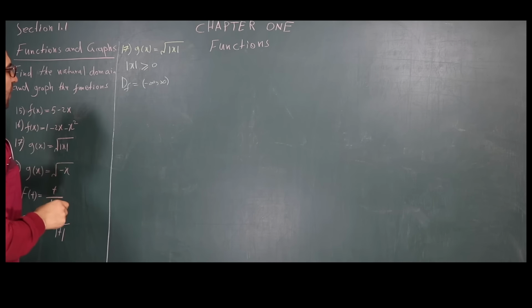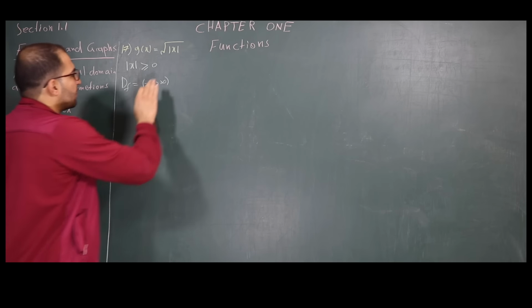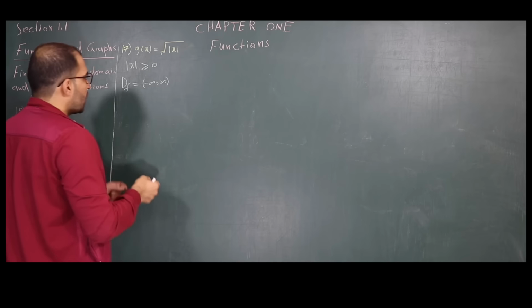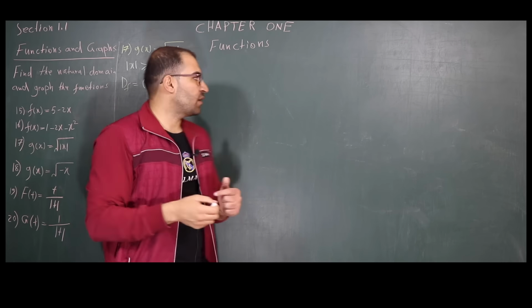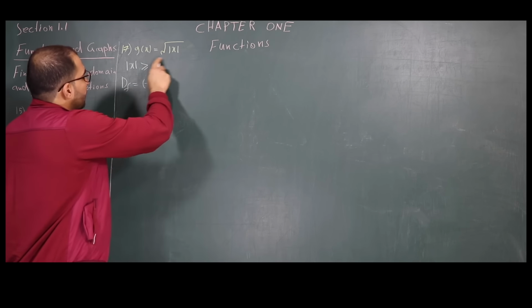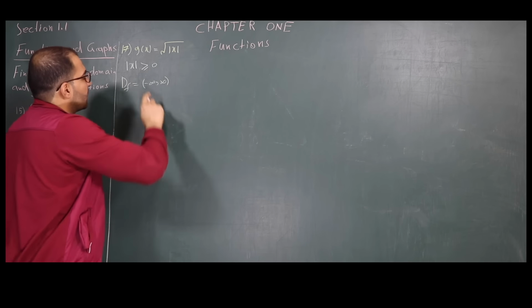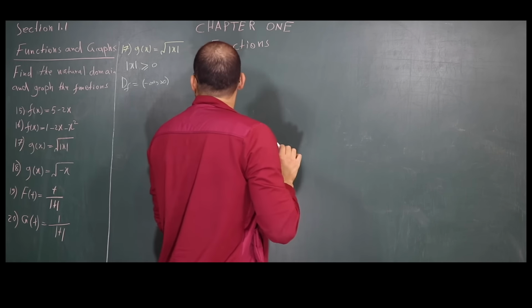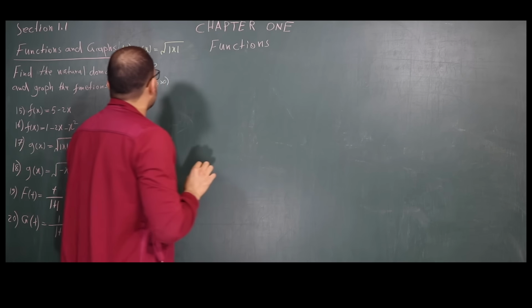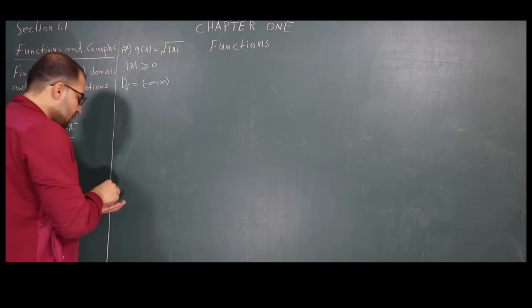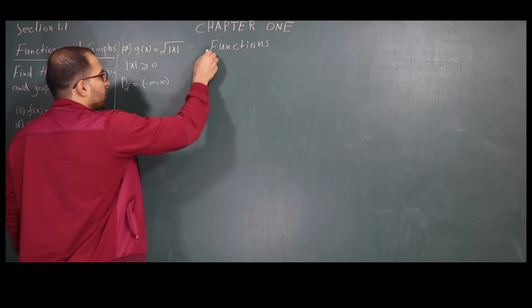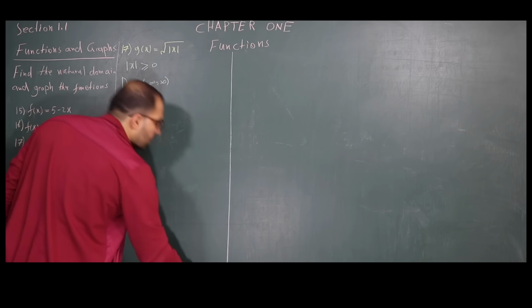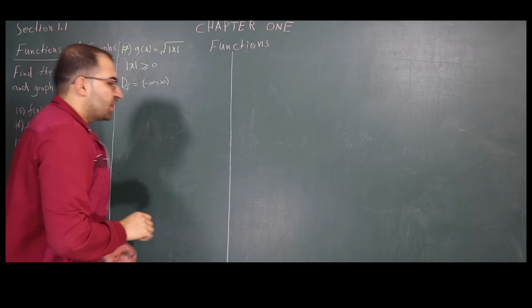Now we need to plot it. We know that this function consists of two functions. If you wanted to do an analysis of this function, it contains two functions. But let me choose the table method, because I don't want to go deep into information that you don't need right now.